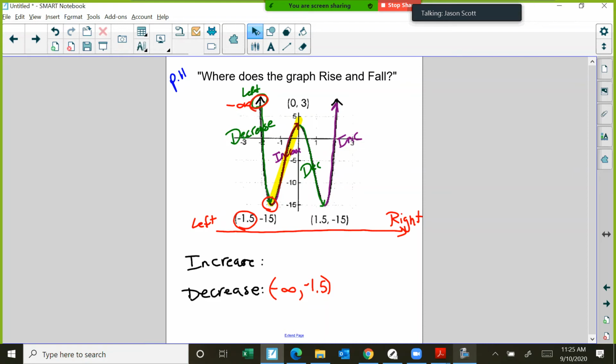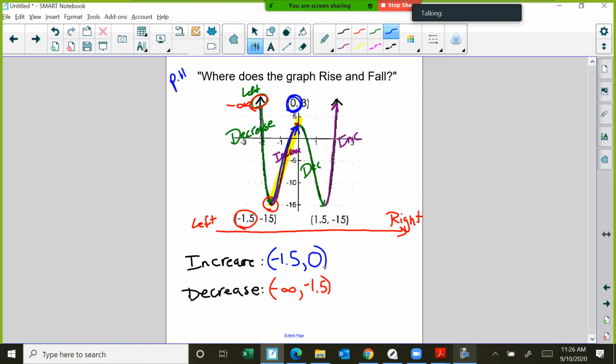What is the x value where it begins? Right here, there's an x value of that ordered pair, and that x value is negative 1.5. So our increasing interval starts at negative 1.5, and it goes all the way up to the top, right there. I need the x value at that point at the top of the increasing section, which is 0. And that is the interval for the first increasing section of the graph.